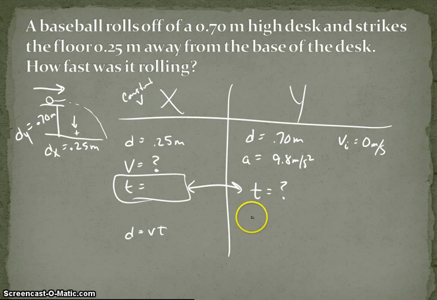Now, because I have the distance, I'm going to go distance is equal to v_i t plus 1/2 a t squared. That piece disappears, so this is now 0.7 equals 1/2 times 9.8 times t squared, and now I'm going to solve for my t squared. So I'm going to take my 0.7, this is where you grab your calculator. Clear.